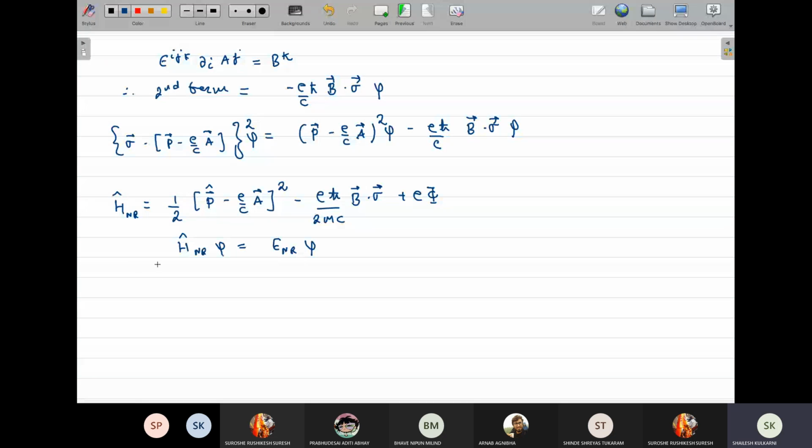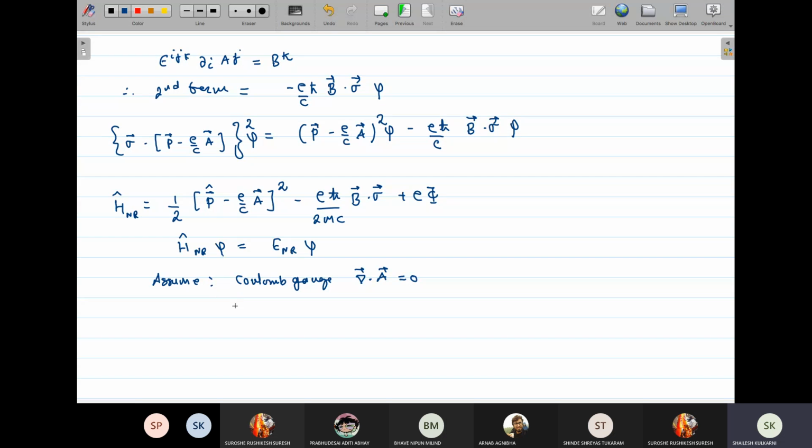So assume that we are working in Coulomb gauge, wherein divergence of A is set to 0. We know that there is a freedom in choosing the vector potential. So if I set divergence of A to 0, that is called Coulomb gauge.